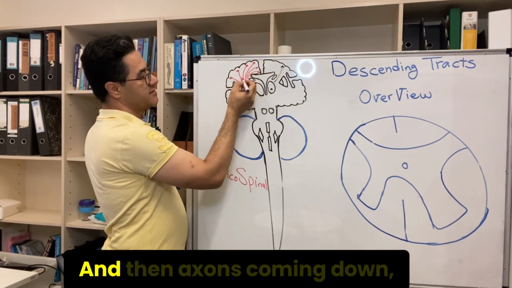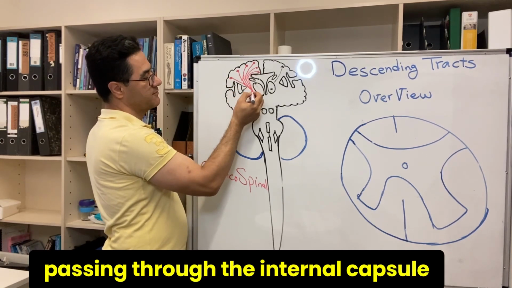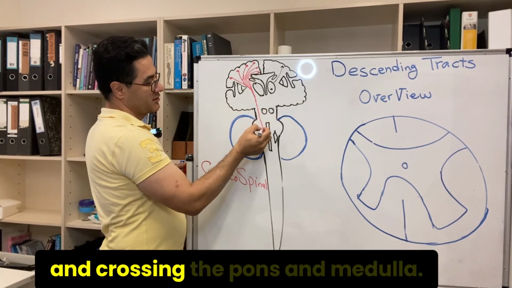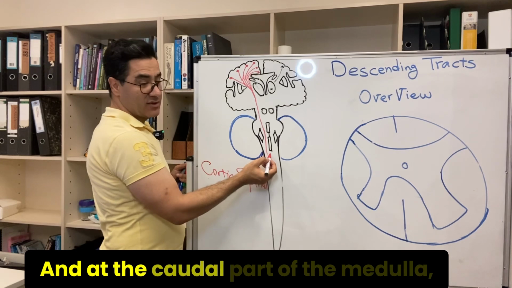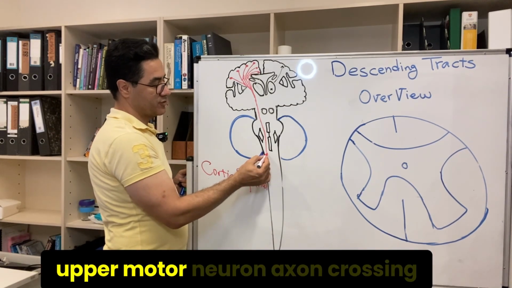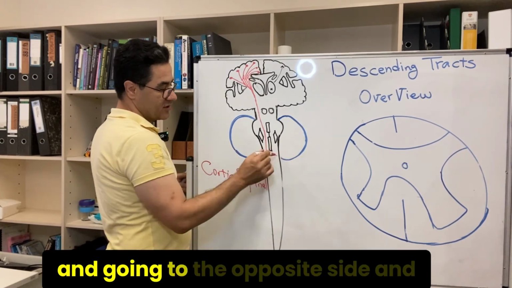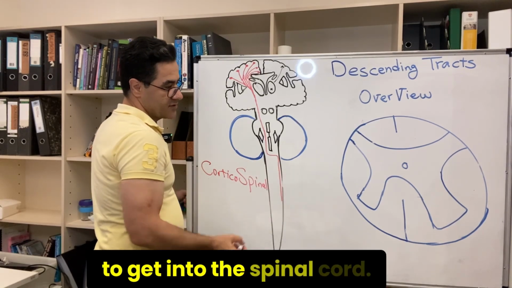cortex, and then axons coming down, passing through the internal capsule, and then passing through the midbrain and crossing the pons and medulla. And at the caudal part of the medulla, most of the upper motor neuron axons are crossing or decussating and going to the opposite side and running all the way down to get into the spinal cord.